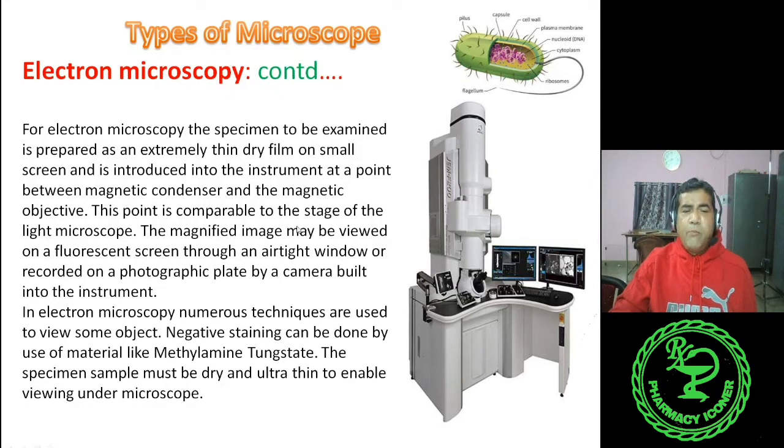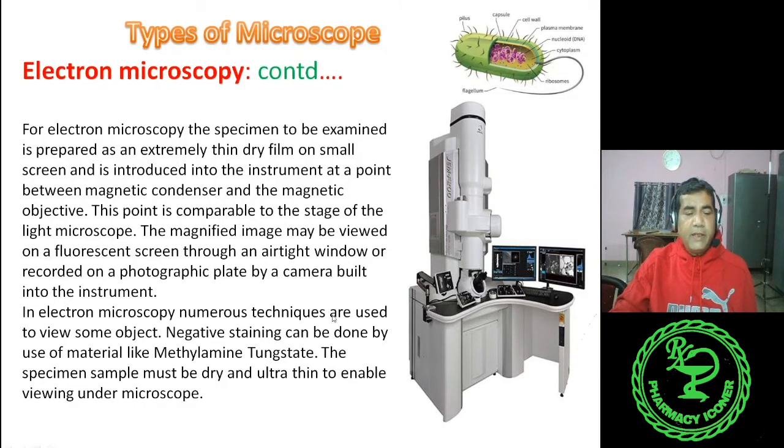This point is comparable to the stage of the light microscope. The magnified image may be viewed on a fluorescent screen through an airtight window or recorded on a photographic plate by a camera built into the instrument. So you can see the images are visible.